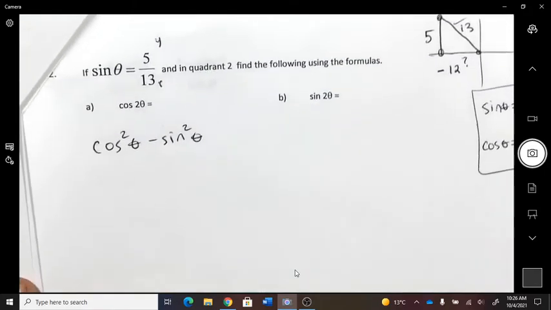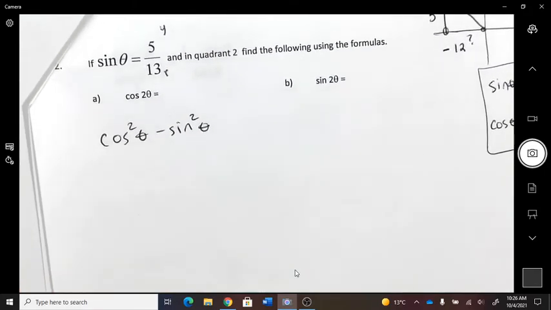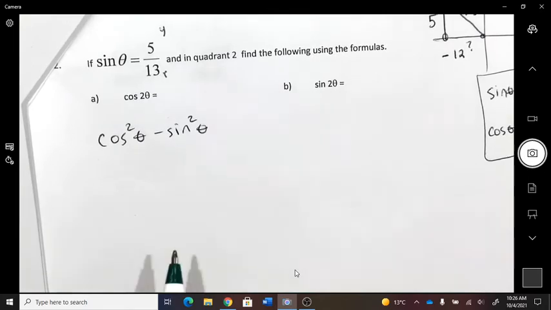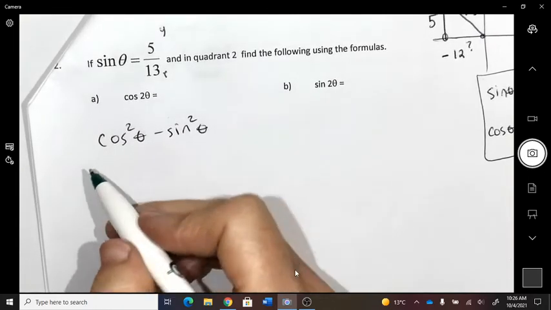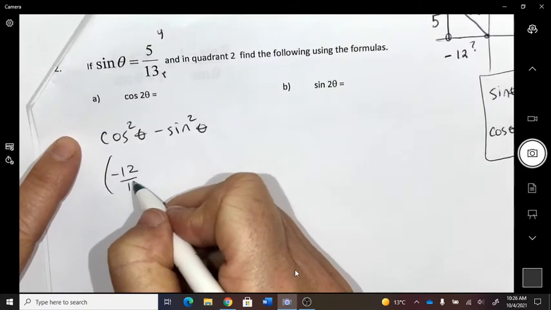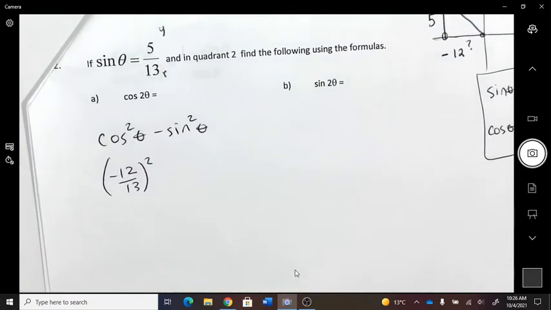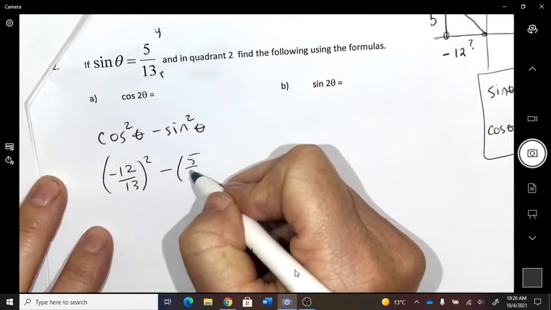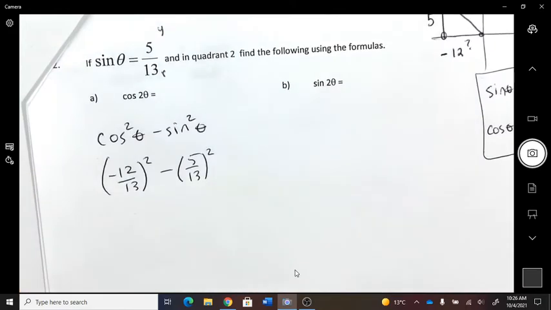So I used my formula sheet and found something. So I'm going to take the cos trig value squared. And then I'm going to plug in the sine trig squared.